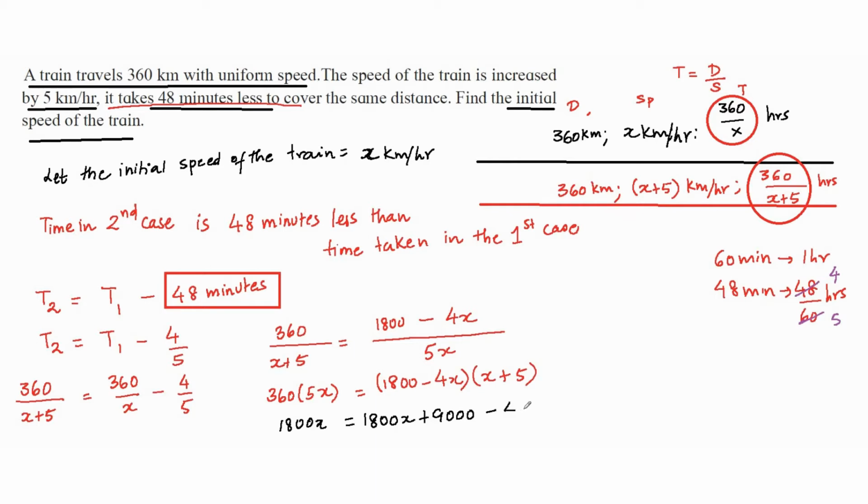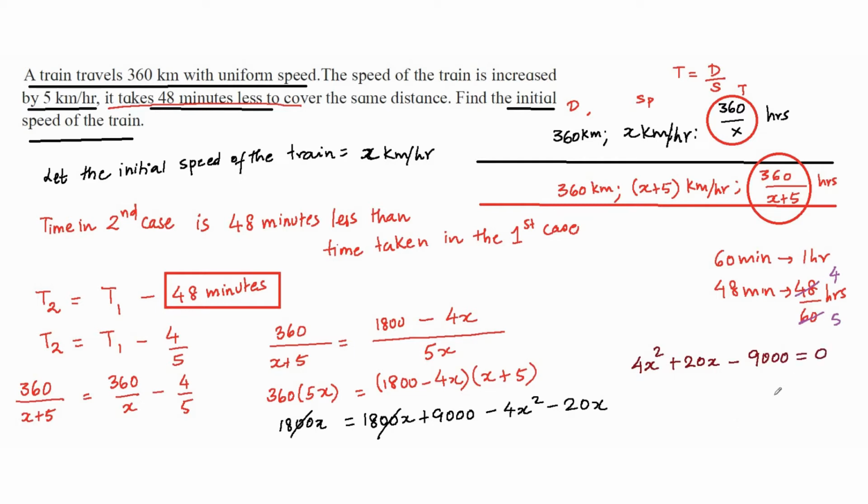Minus 4x into x is minus 4x square. And minus 4x into 5 is minus 20x. So now 1800x cancels from both sides. And shifting all the terms to the left hand side, I get 4x square plus 20x minus 9000 is equal to 0.